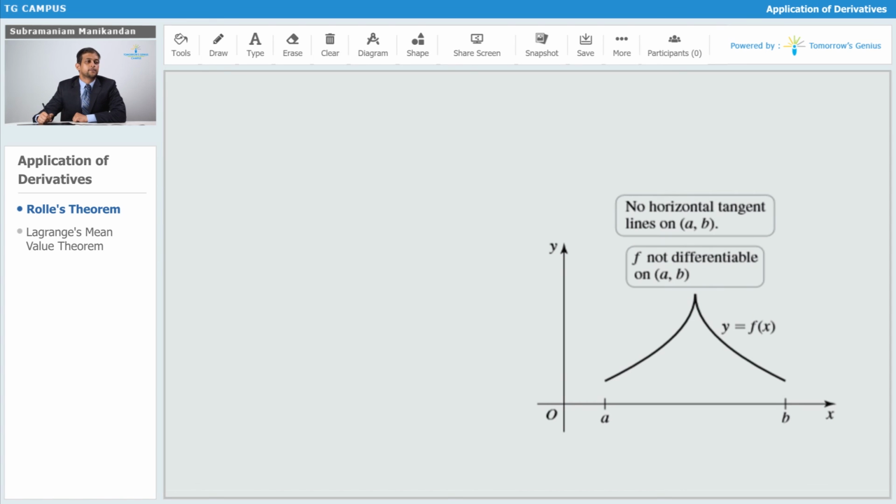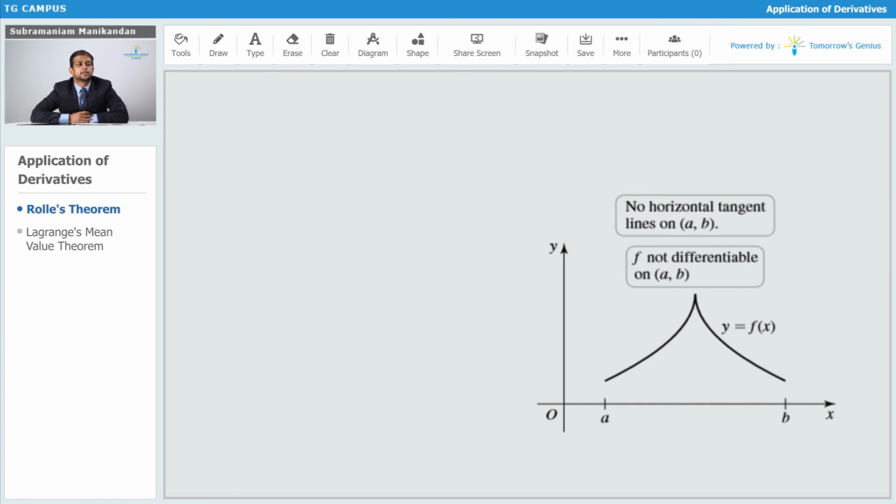Let us look at another example. So this again is a function which is continuous in the given interval. However, it is not differentiable at some point between a and b at this point. Suppose let's call it x is equal to e.